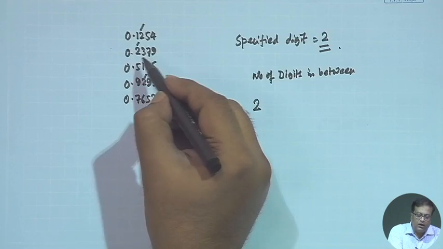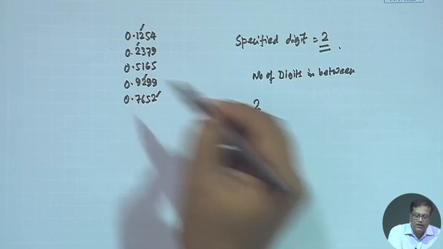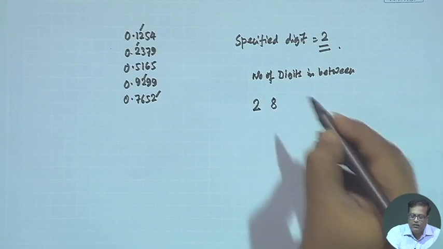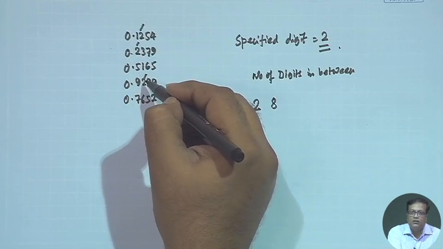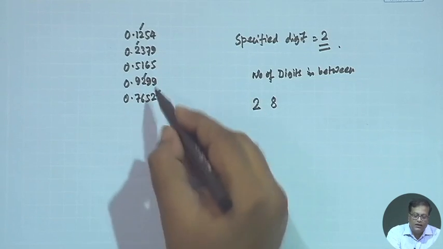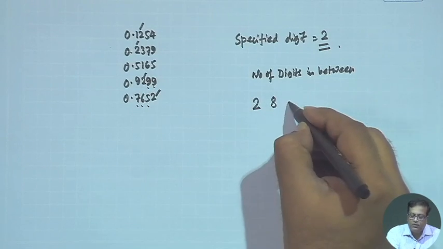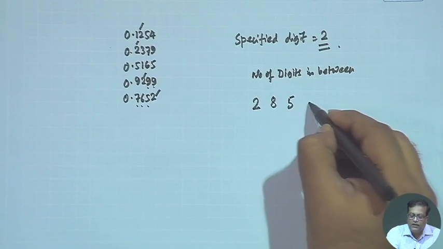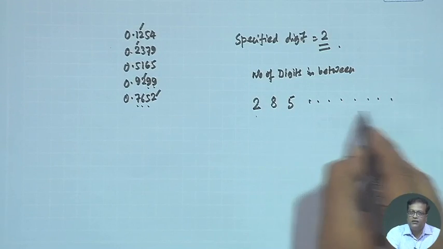In the next one, 1, 2, 3, 4, 5, 6, 7, 8. So, 8 digits have occurred between this occurrence of 2 and the next occurrence of 2, and then between the next occurrence of 2, 1, 2, 3, 4, 5. So, 5 digits. Like this you form a sequence 2, 8, 5, and so on.